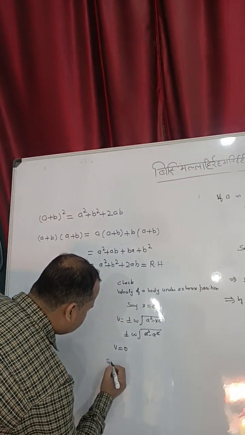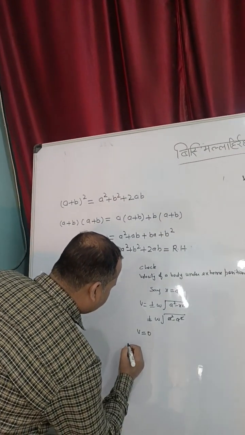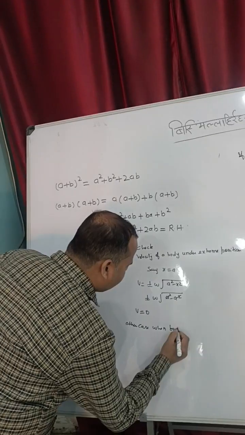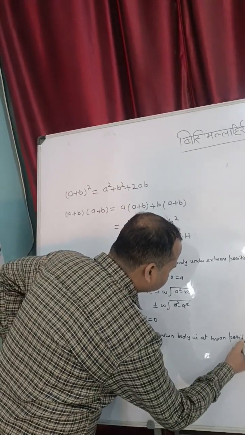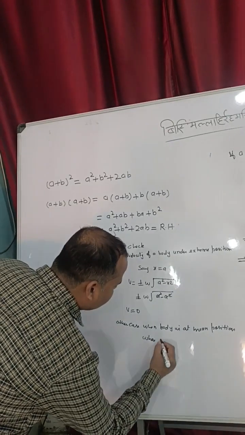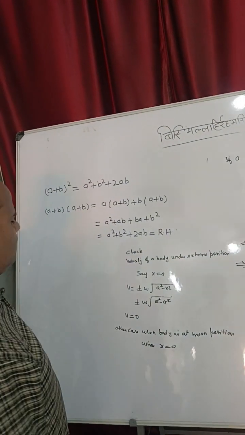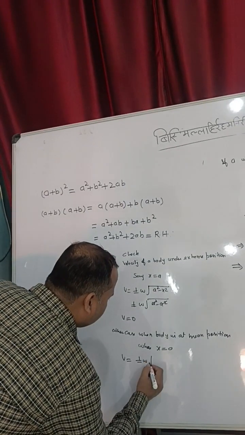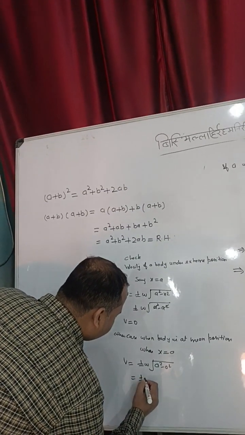Similarly, in the other case, when the body is at mean position where x is equal to 0, we have v is equal to plus minus omega under root a square minus 0 square, which is equal to omega a.